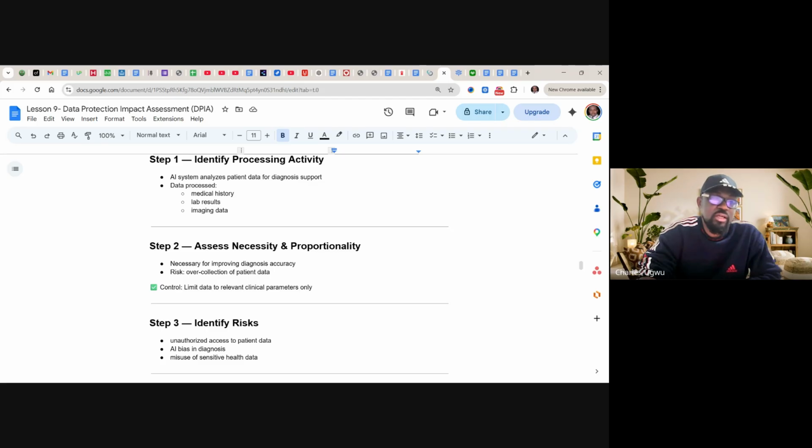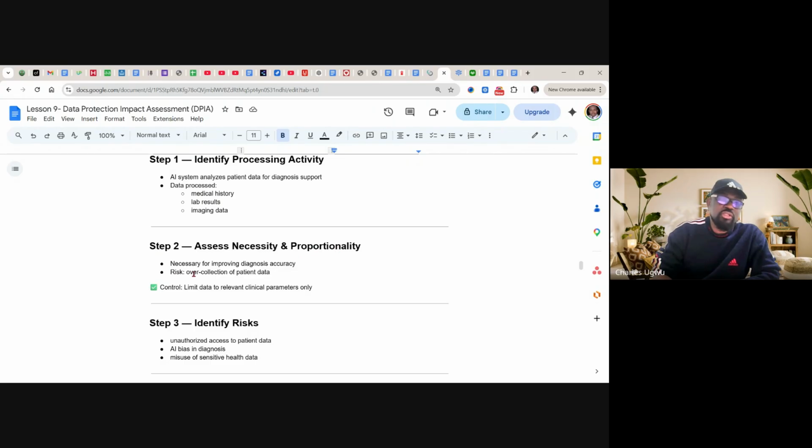And the risk here is over-collection of patient data. So all we need to do is to see how to reduce the risk. The control is to limit data to relevant clinical parameters only. Because it is necessary, we cannot dodge it. So we're looking at the proportionality of the data we're going to collect.